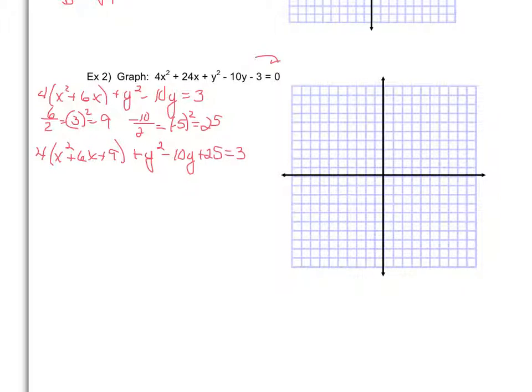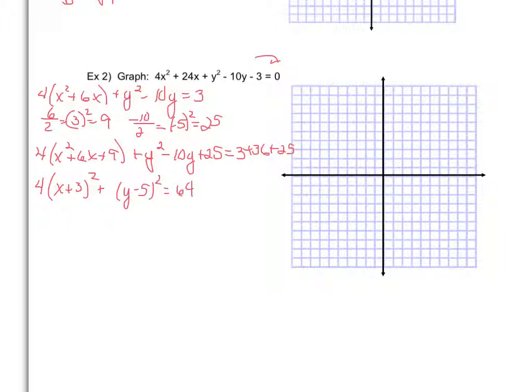I do have to add to both sides, keeping in mind that this 9 is being affected by this 4 here, so I am going to add a 36, and I'm going to add a 25. Completing the square, I get (x plus 3) squared plus (y minus 5) squared equals 64.